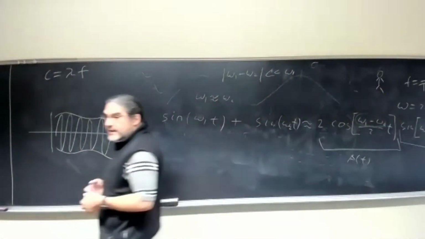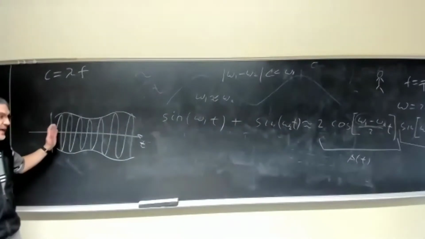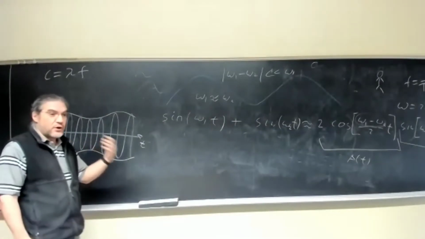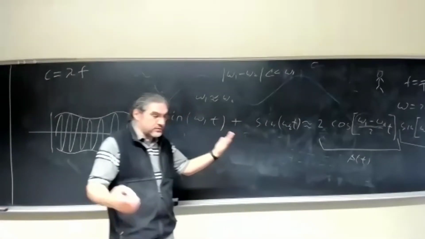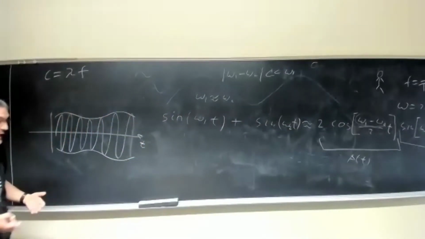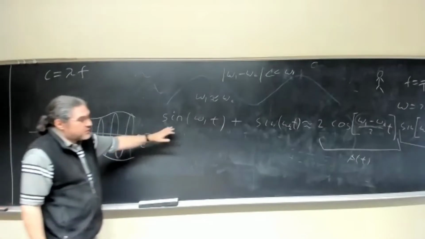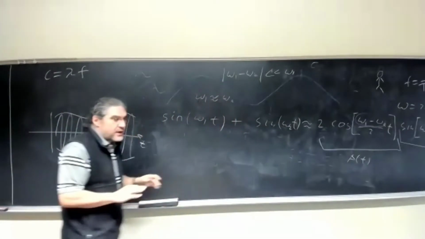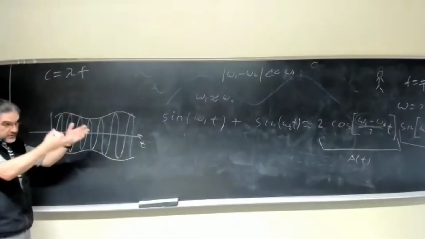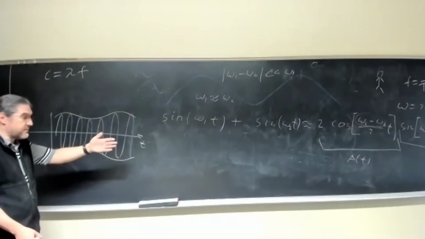So if it's a tone, the frequency is just the tone you hear. If I have two sources with almost the same tone, what I will hear is that tone, which is almost the same, so I cannot distinguish between them.